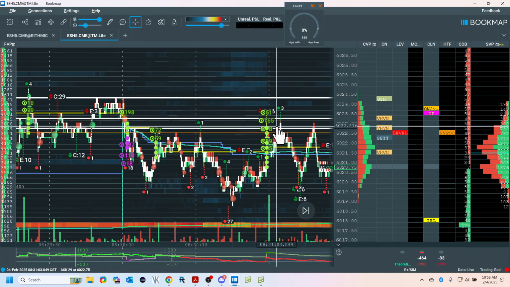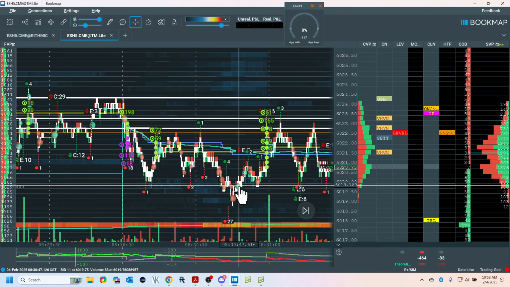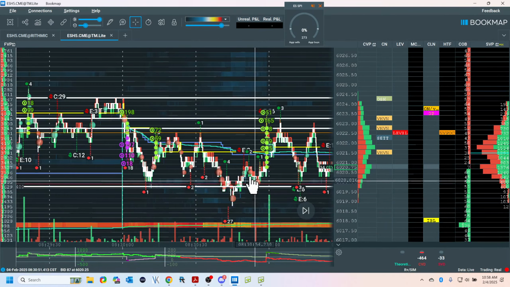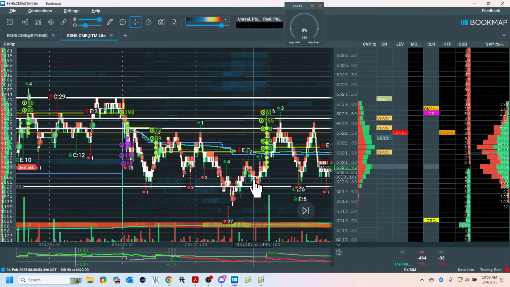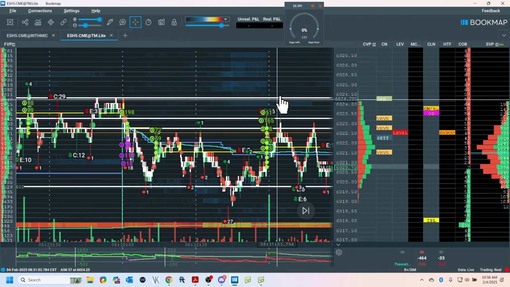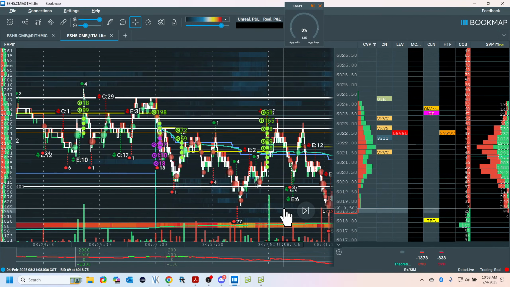And then if I don't get through resistance, I counter rotate. My support is sitting here. Let's just look at it. Trigger, test, resistance, stops. Let's watch.